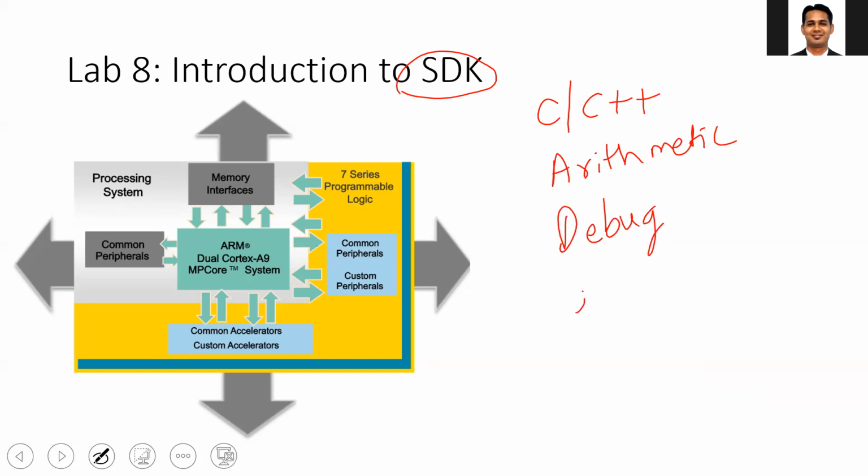At the end, we'll write a simple code for performing an operation and execute it on the ARM processor. In the next video, we'll discuss the lab part in more detail.